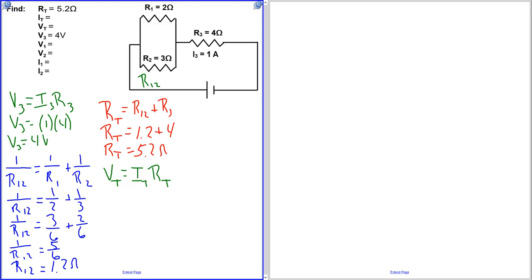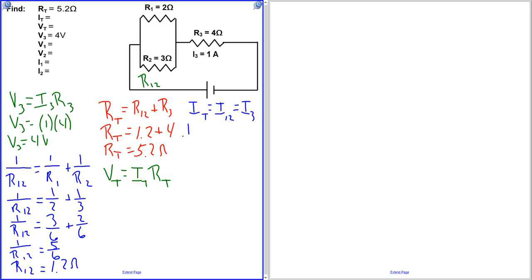So remember, we keep saying that we're kind of looking at this as a series circuit overall. So I'm going to go back to those series rules. And in my series rules, I know that my total current is equal at all resistors in a series circuit. So my total current would be equal to current at resistor 1, 2, and current at resistor 3.